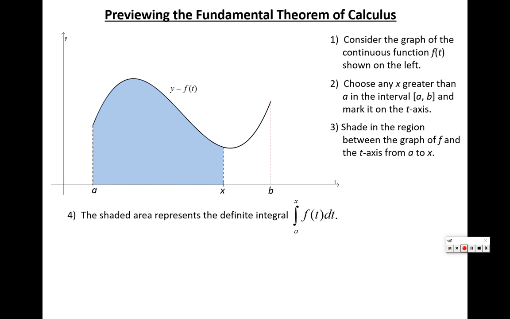Everybody's got a different one. So that shaded area would be represented by the integral, and what this integral symbol means, to re-explain it, it means find the area between a and x, so this is the lower and the upper of whatever the function is, and we'll just imagine that I'm going to give you the equation. Maybe it's a nice simple linear one, maybe it's something with a little more torque, x squared, whatever. Let's assume we can do these areas.